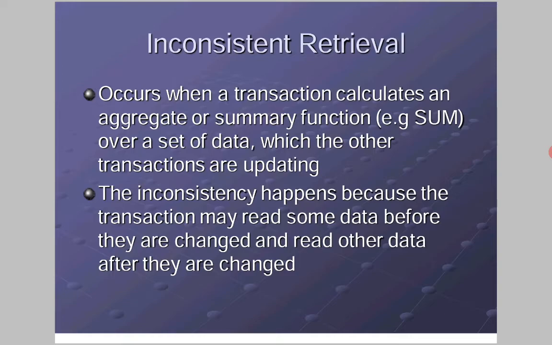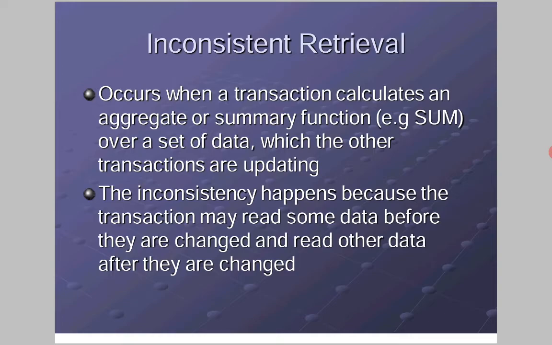The third problem is inconsistent retrieval. It occurs when a transaction calculates an aggregate or summary function, for example a sum over a set of data which other transactions are updating. Inconsistency happens because the transaction may read some data before they are changed and other data after the change.